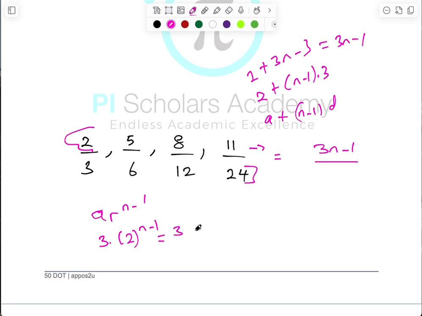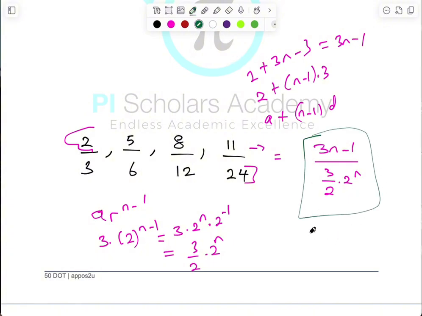You can make this 3 multiplied by 2 raised to power n multiplied by 2 raised to power minus 1. So this is like 3 over 2 multiplied by 2 raised to power n. So it is divided by 3 over 2 multiplied by 2 raised to power n. This will be the nth term of this particular sequence.